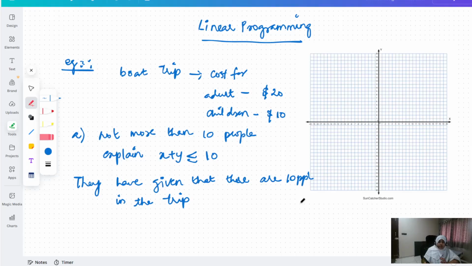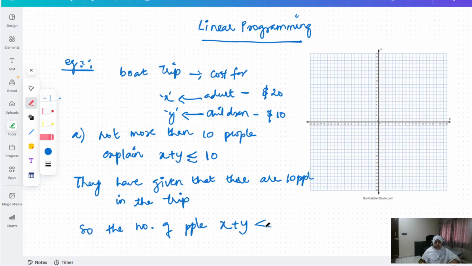So the total number of people should be not more than 10. The total number of people is nothing but, we'll keep the number of adults as X and the number of children as Y. So when you add up the number of people, it should be lesser than or equal to 10, not more than 10.